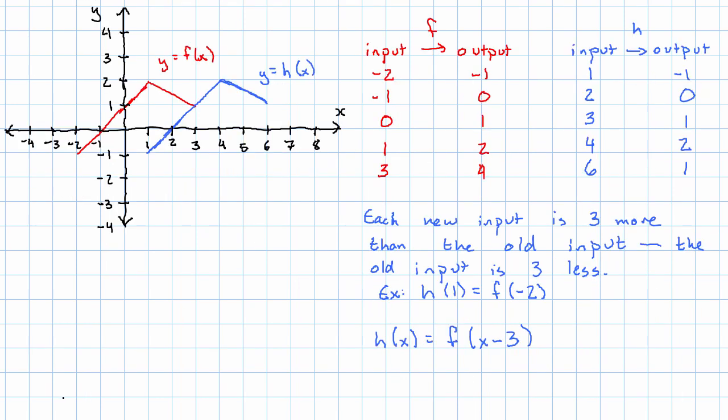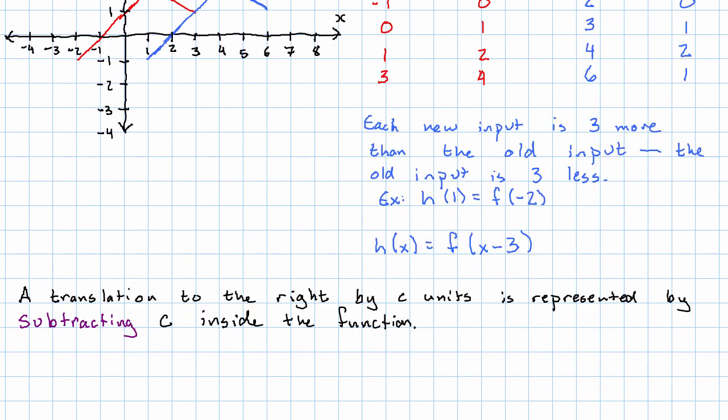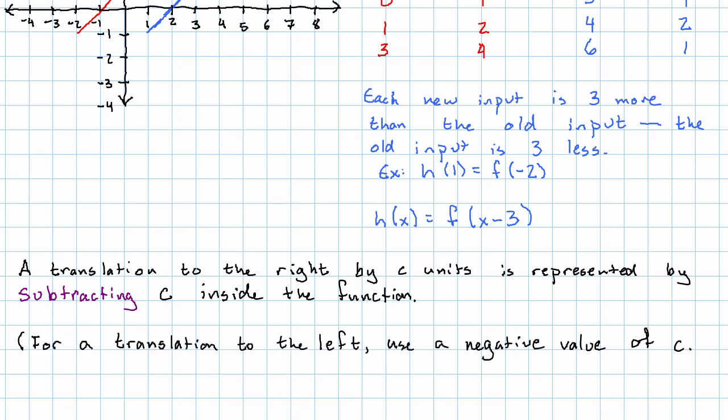So when we're talking about horizontal translations, a translation to the right by c units is represented by subtracting c inside the function. And then, just like downward was negative up, leftward is going to be negative right. For a translation to the left, we'll use a negative value of c.